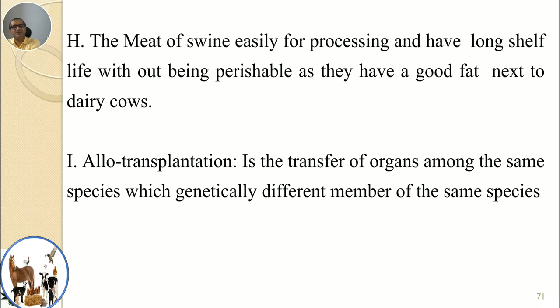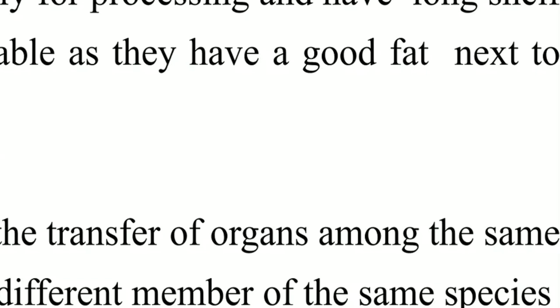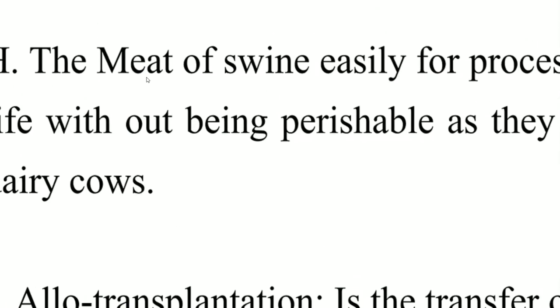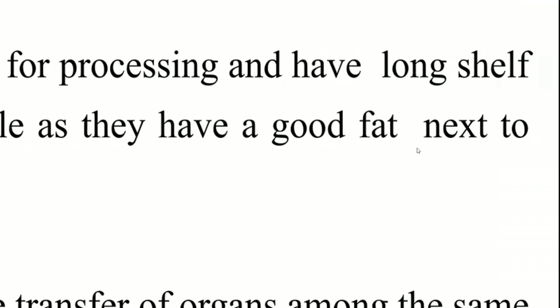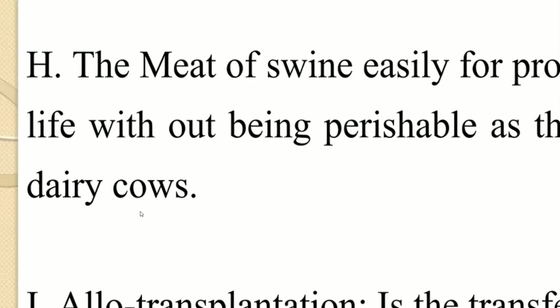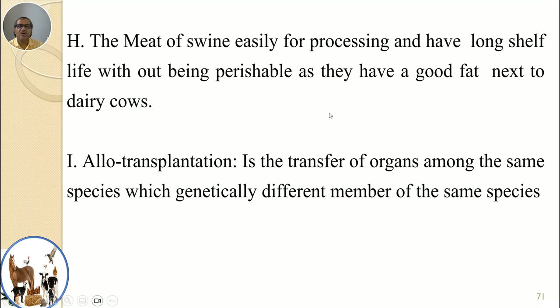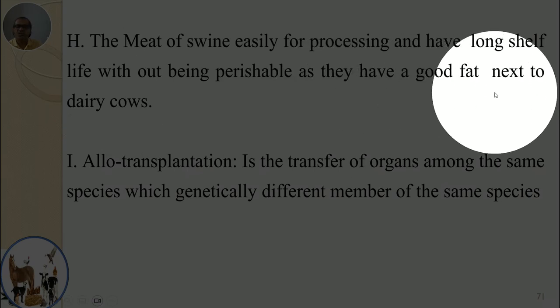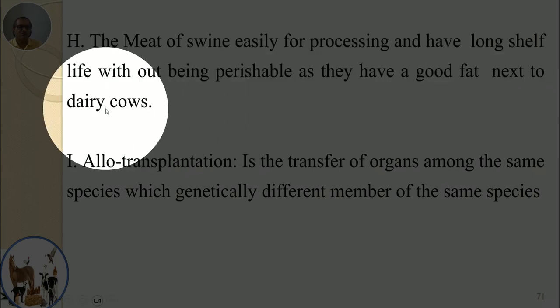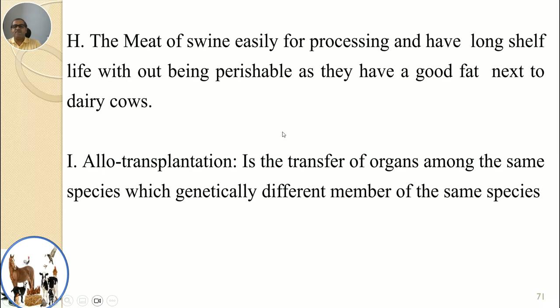The meat of the swine is easy to process and has a long shelf life, without being perishable in nature. So this is also another advantage of these animals over the dairy cows.